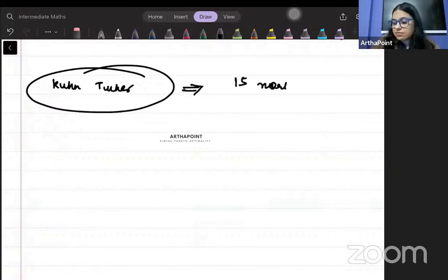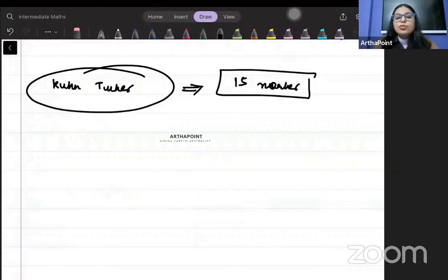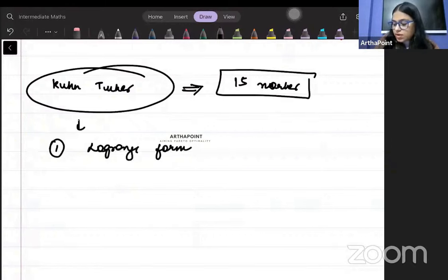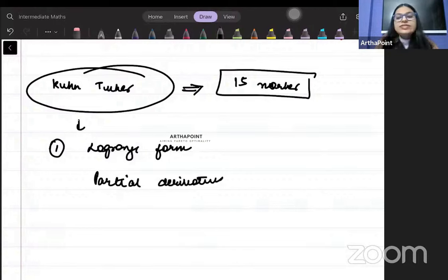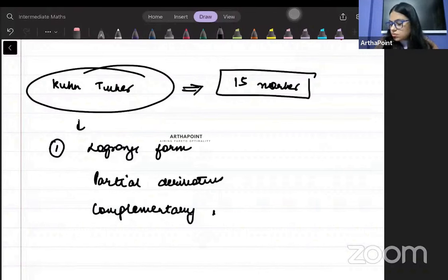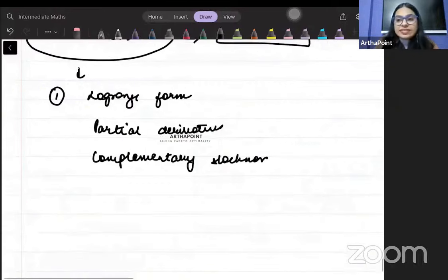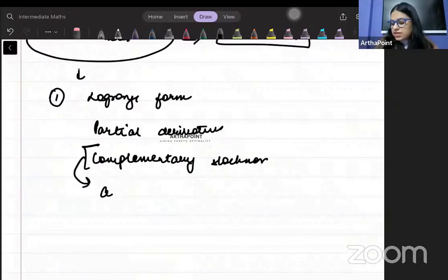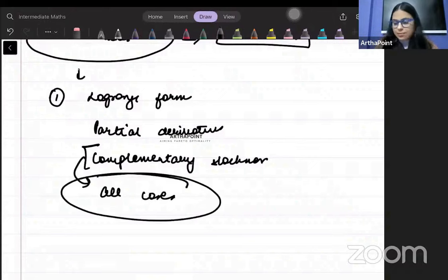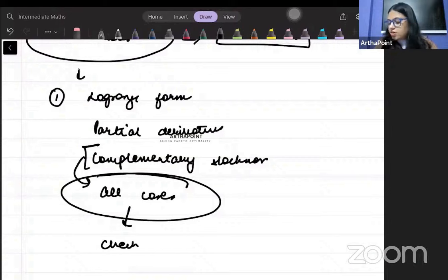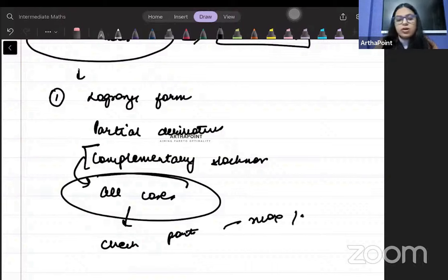It can come as a 15 marker in exam, in which you have to evaluate all possible conditions. इसमें आपको पहले Lagrange form करना होगा, then आपको partial derivatives निकालने होंगे, then you have to check the complementary slackness condition, and then you have to form all possible cases like I formed in this example, and from there you have to check where in the different candidate points you get a maxima or minima.